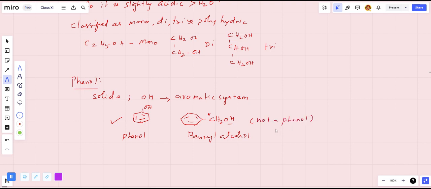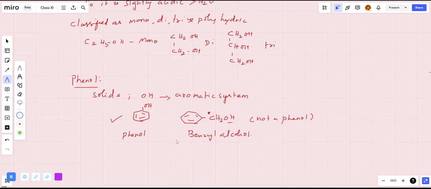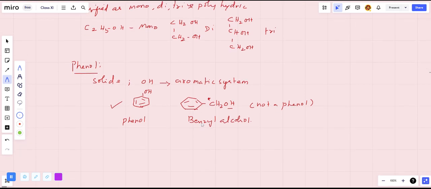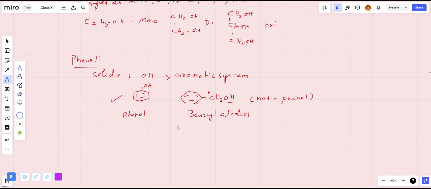Now you have to know the difference between benzyl alcohol and phenol. It is not a phenol; it is a type of alcohol, an aromatic alcohol. It's a type of alcohol, but still aromatic. Phenol is more acidic than alcohol.